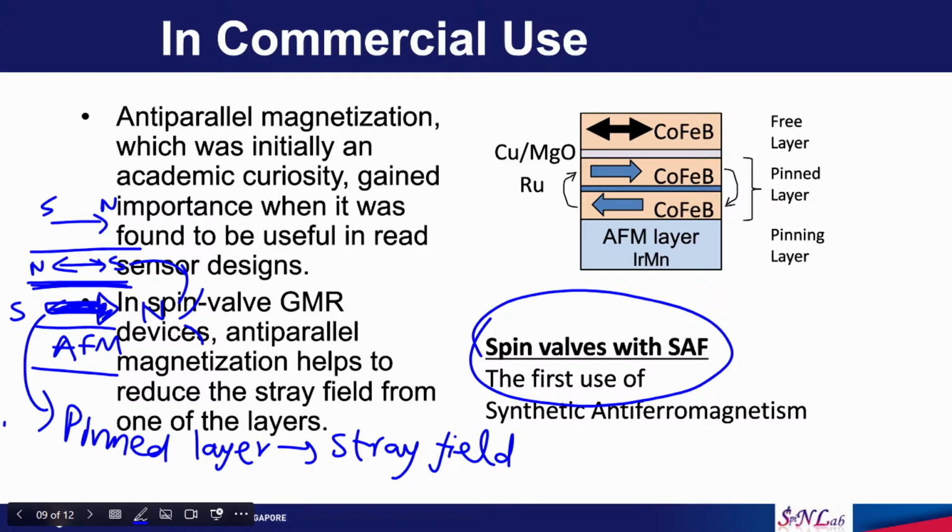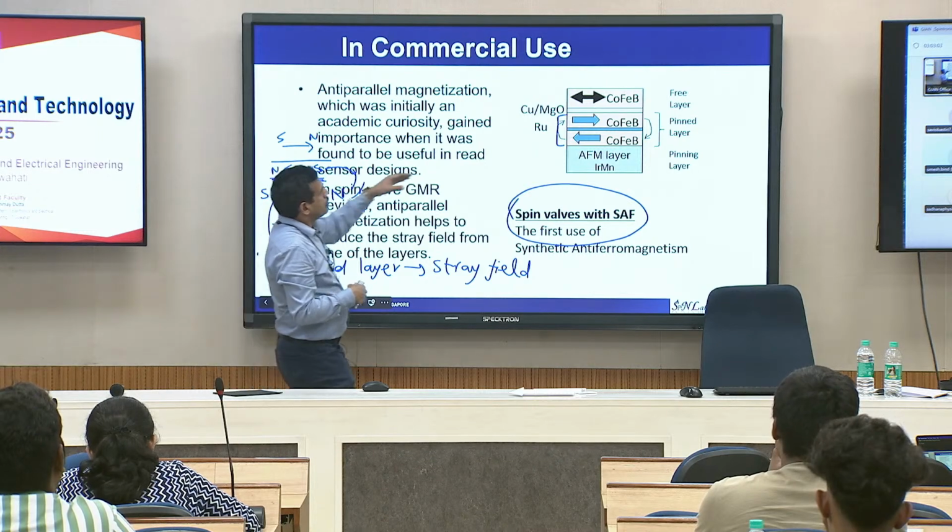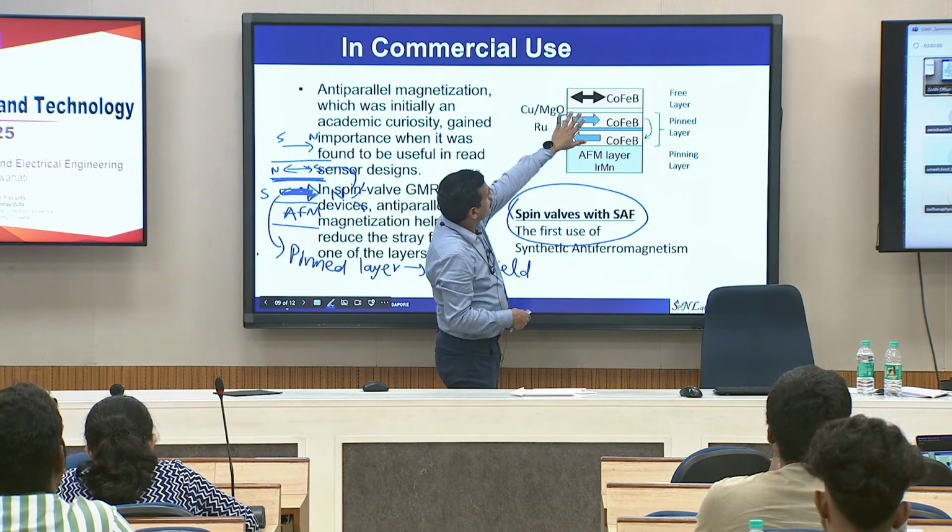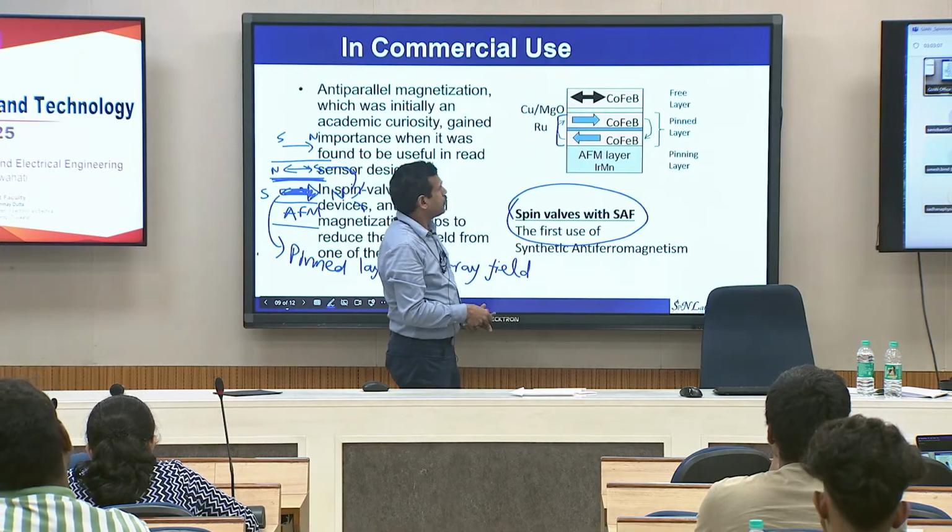People try to overcome this problem by splitting this one layer into a synthetic antiferromagnetic layer like this. Instead of one ferromagnetic layer like what we studied before, now we have two ferromagnetic layers separated by ruthenium.